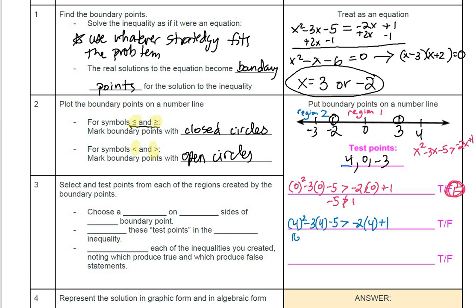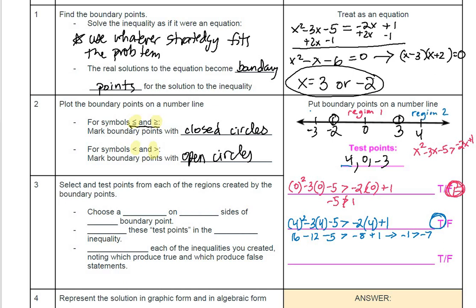That's 16 minus 12 minus 5 is greater than negative 8 plus 1, which is the same as negative 1 greater than negative 7, which is true. Oops, I'm sorry, everybody. I should have made region 2 over here, because that's where the point 4 is. This was region 2.